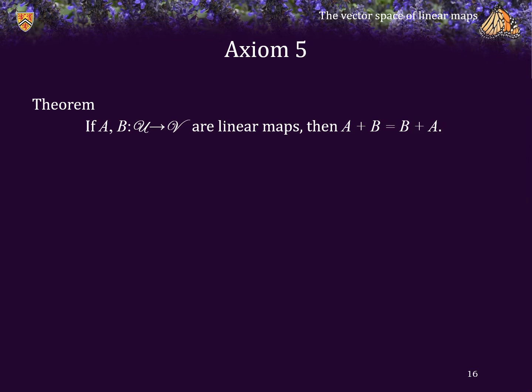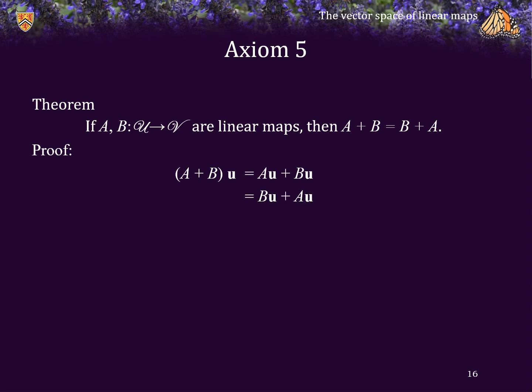Next theorem, commutativity. If A and B mapping a vector space U onto V are both linear maps, then A plus B equals B plus A. Proof. Well, A plus B applied to an arbitrary vector U is by definition A times U plus B times U. However, both AU and BU are vectors in the vector space V, and therefore those two vectors commute.